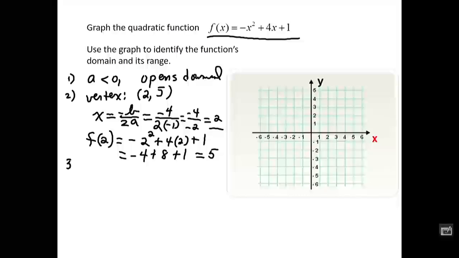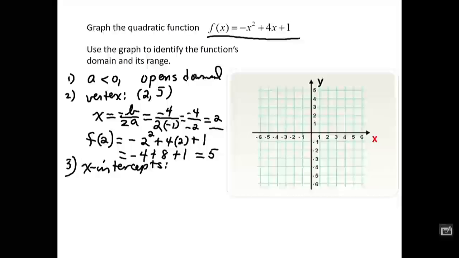Three, let's find the x-intercepts. So again, to find the x-intercepts, we want f of x to be 0.